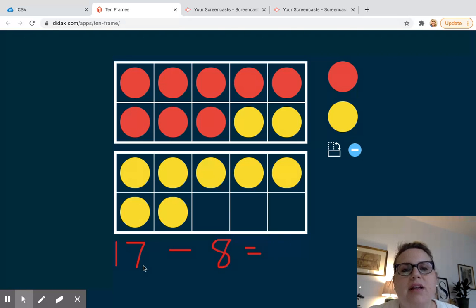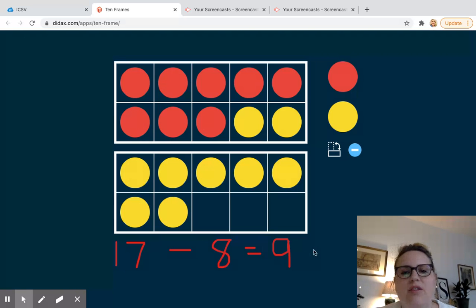Let's see how many yellow counters I had to add on. 1, 2, 3, 4, 5, 6, 7, 8, 9. So my answer is 9. I can also think of it as 17 in all. Take away the 8 red, that leaves 9 yellow.